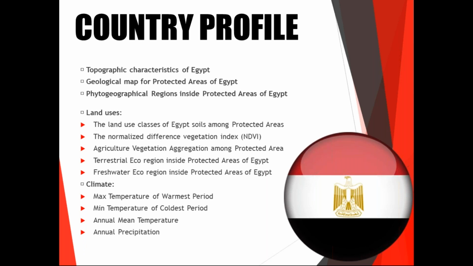Some of them are marine and others are terrestrial protected areas. We have divided it into several sections. The first section is the country profile, which provides information about the site of Egypt, the geology, geography, climate, and other topics. Next slide, please.